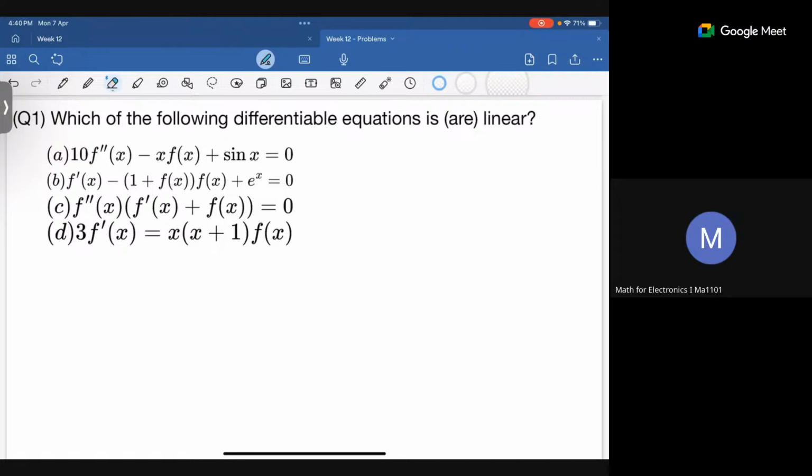Meanwhile, I will create the poll. Alright, so I have created a poll. Once you have solved this, you can answer via the poll.